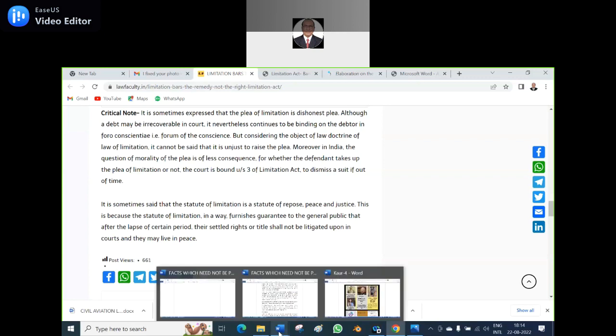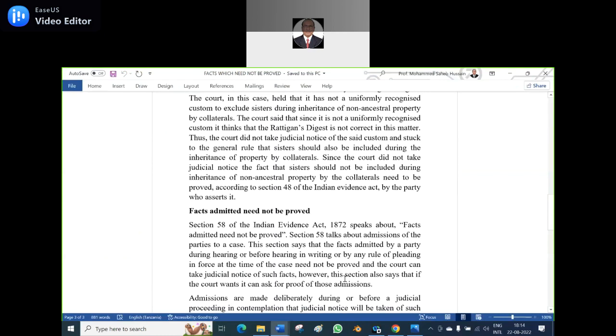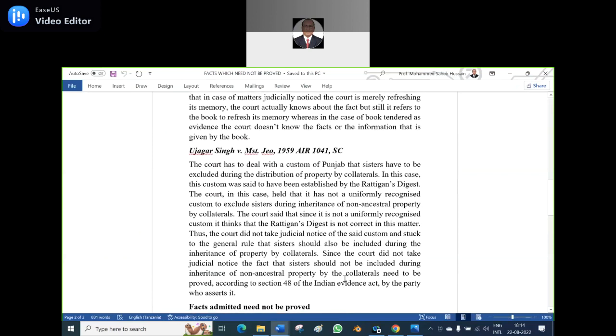So they made an exception. The law of limitation will not work in the Union of India versus Union Carbide case. Of course, he has given one, two, three points, but I kept it here on the facts which need not be proved. 2nd December 1984, 2nd and 3rd, at midnight.